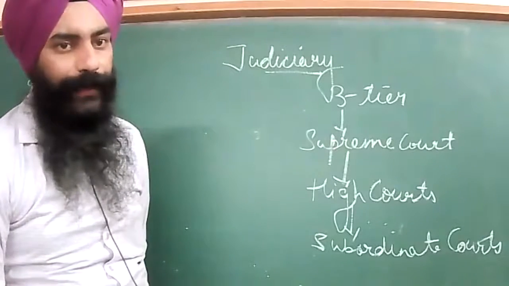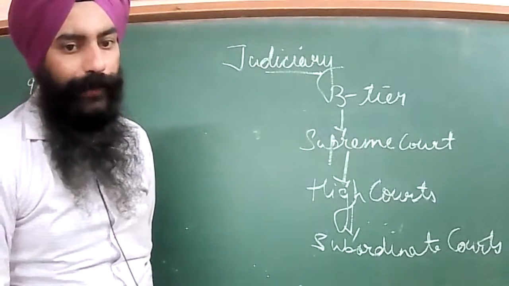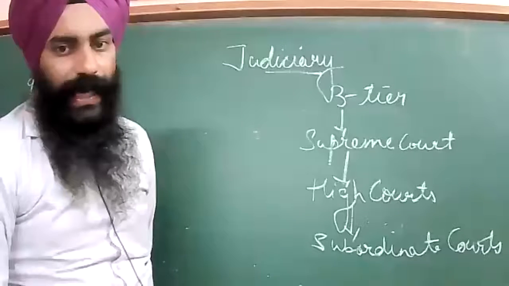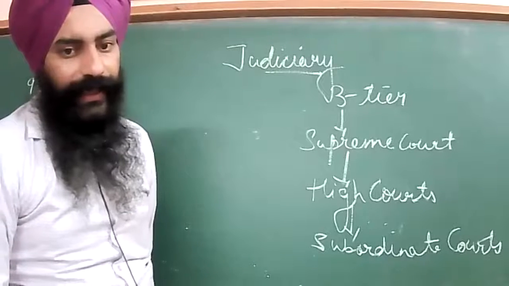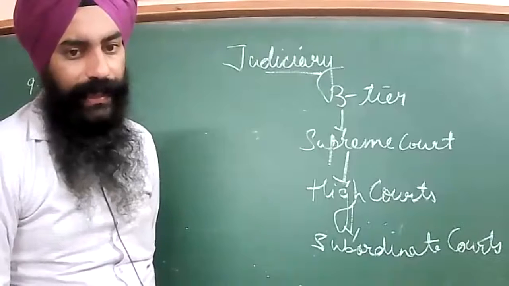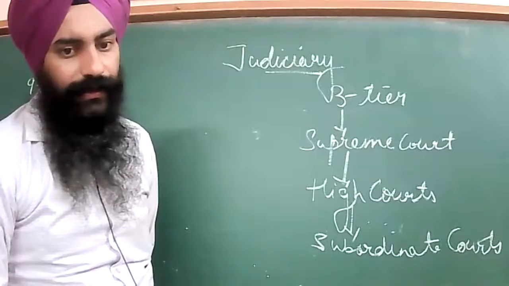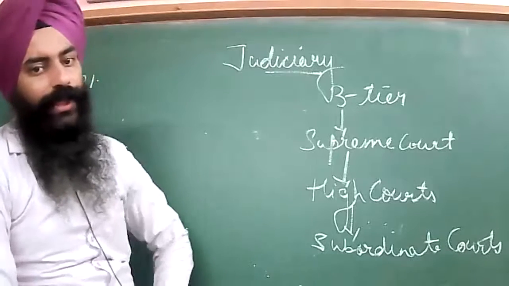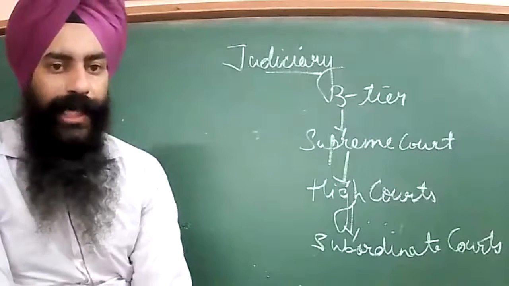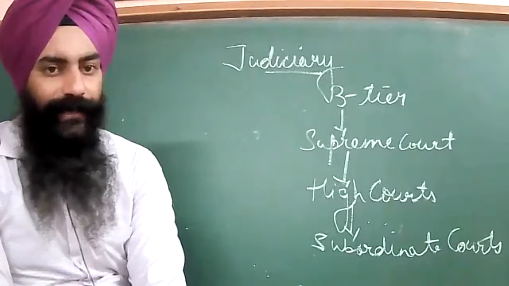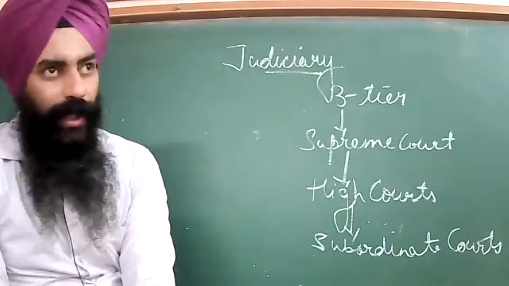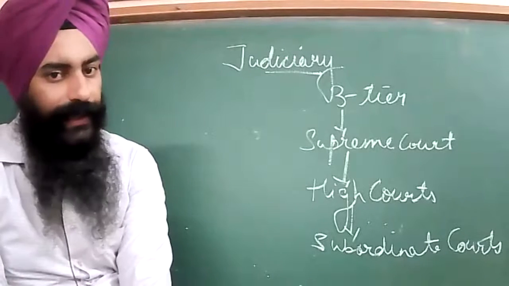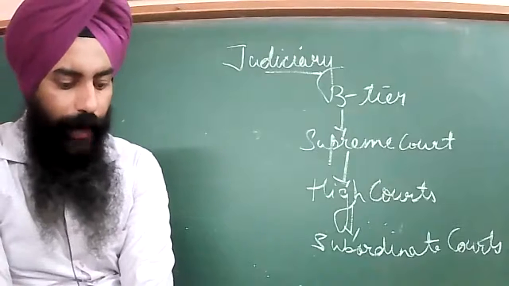One Supreme Court is there, which is located at the center, at the national level, in Delhi. Second, there are the high courts. A total of 23 high courts are present in the capitals of the states. 23 means the northeastern states have one collective high court located in Guwahati, and Punjab and Haryana have a common high court.